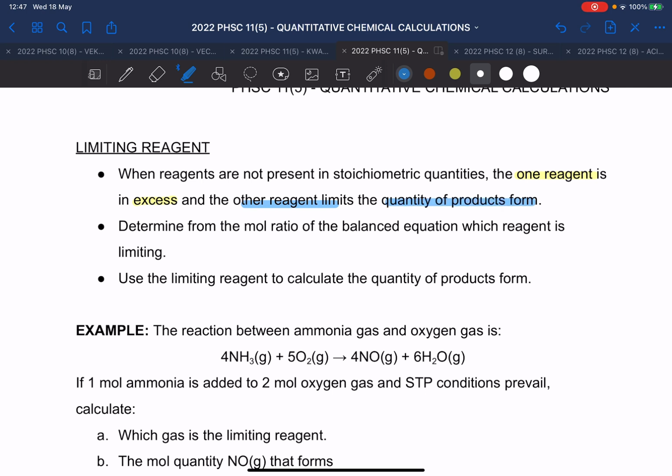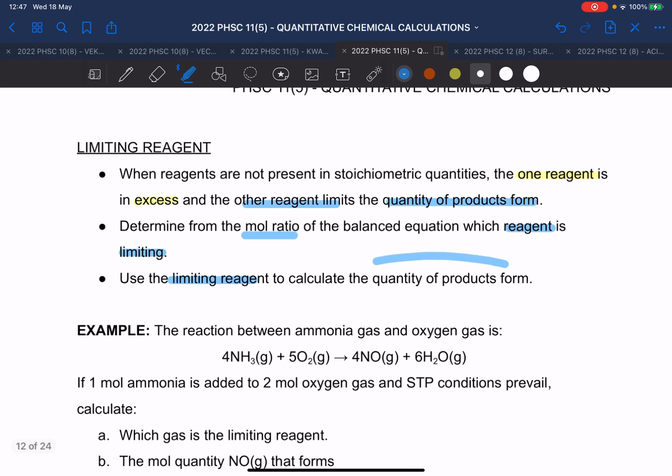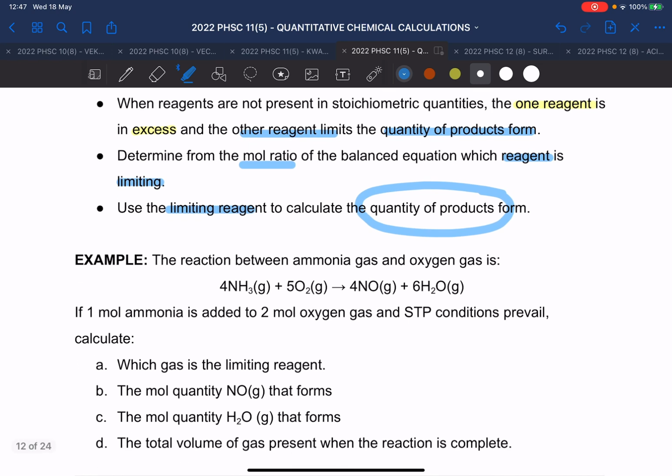We use the mole ratio to determine the limiting reagent. Then we use the limiting reagent to calculate how many products will form. You'll see I use the abbreviation LR for limiting reagent. It's not an official abbreviation, it's just one that I use because I'm lazy.